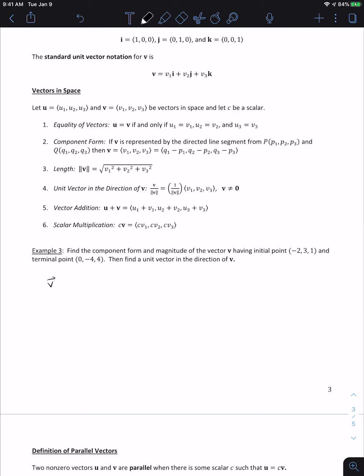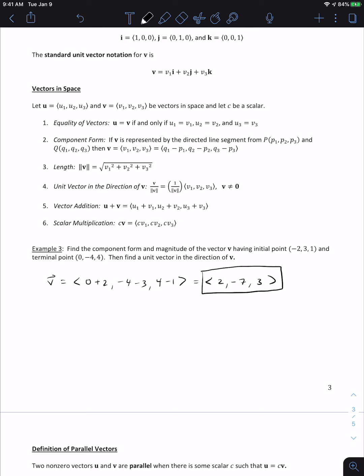So my vector v looks like my terminal first component, which is 0, minus my initial first component, which is -2, so that's +2. Same thing for the second component, so I get -4 minus 3, and then I get 4 minus 1. Simplifying this, I get 2, -7, and 3. So that is the component form of my vector.